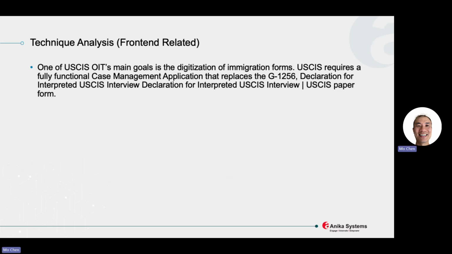The first bullet point describes the need of digitalizing the Form G1256. Basically, we are expected to provide an online form that can collect the same fields as the paper one does.